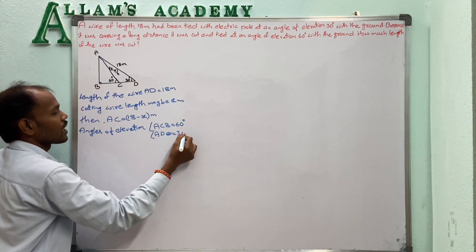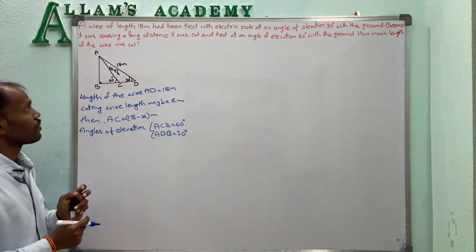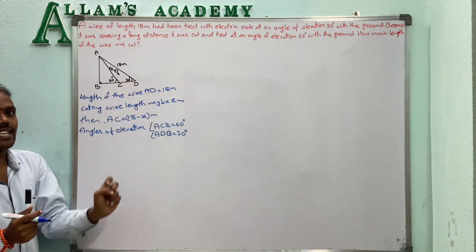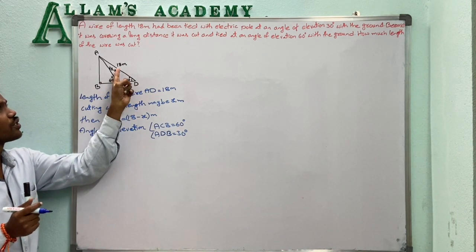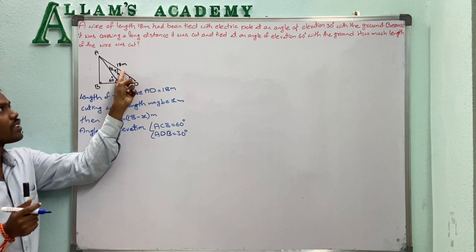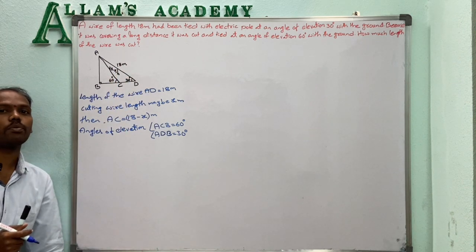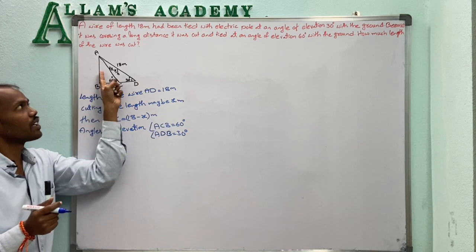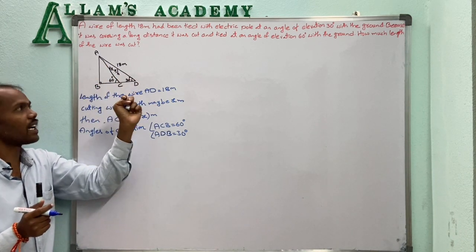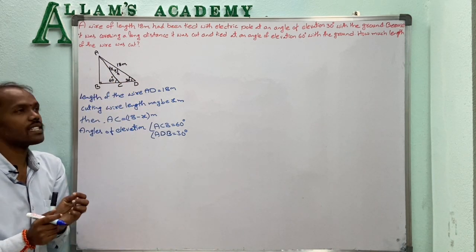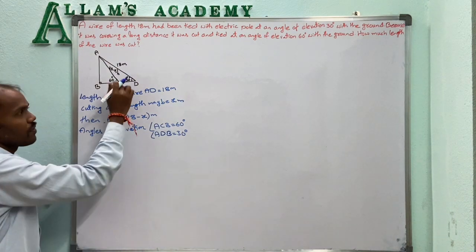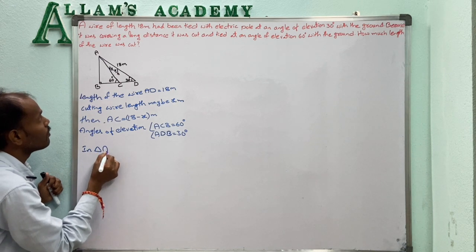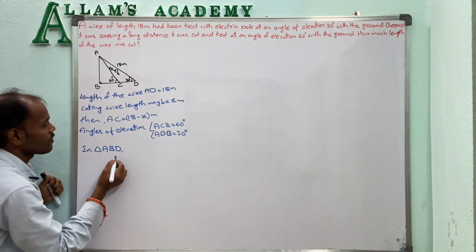equal to 30 degrees. Now if we observe triangle ABD, 30 degrees is the angle at D. AD value we know, that is 18 meters, it is the hypotenuse, and AB is the common side for triangles ABC and ABD, so AB is the opposite side. So we can apply sin theta in triangle ABD.